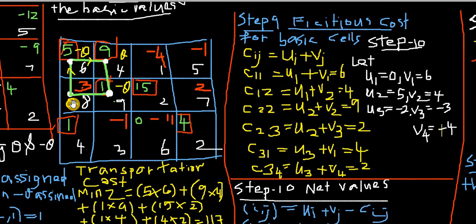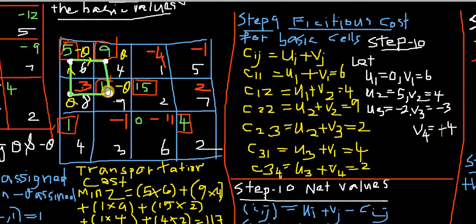Theta value is the minimum of the basic values in the minus theta assigned places. Here is a minus theta assigned place, and here is another.